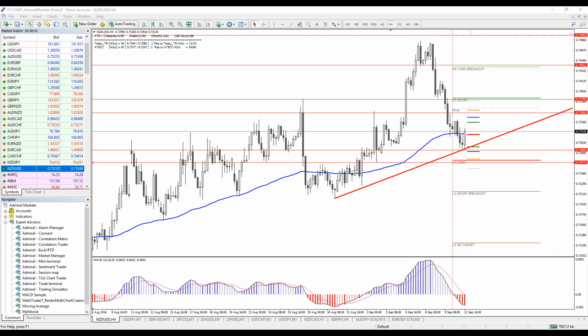Now, if you make some pips with that sell, because it can also be a scalp trade, this is where I would put a positional trade. H4 confluence with M pattern breakout. See? So if it comes to 74.40, this could be a sell position. Okay, so that is New Zealand.